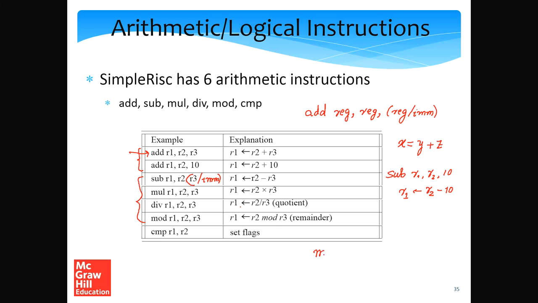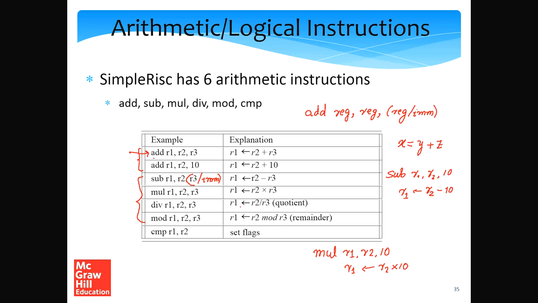So I can very well write mul R1, R2, and 10. This would set R1 equal to R2 multiplied with 10. Division and mod also have the same format, where we divide R2 by R3 to get the quotient, and we take R2 mod R3 to get the remainder.